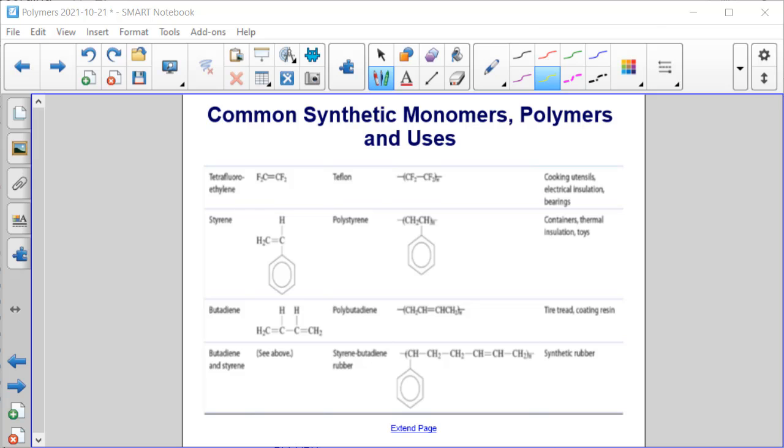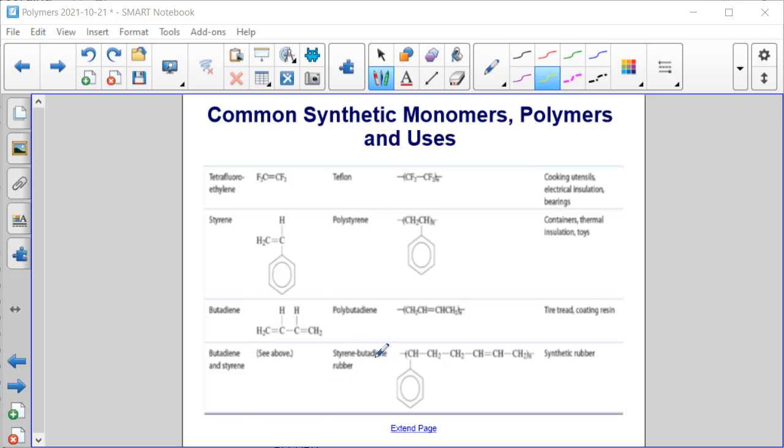So here's a couple others that we saw in detail. We saw Teflon and polystyrene, but we didn't see this one, butadiene, which you see the monomer here, produces polymers of polybutadiene used in tire tread and coating resin, and synthetic rubber, which comes from monomers of butadiene and styrene.